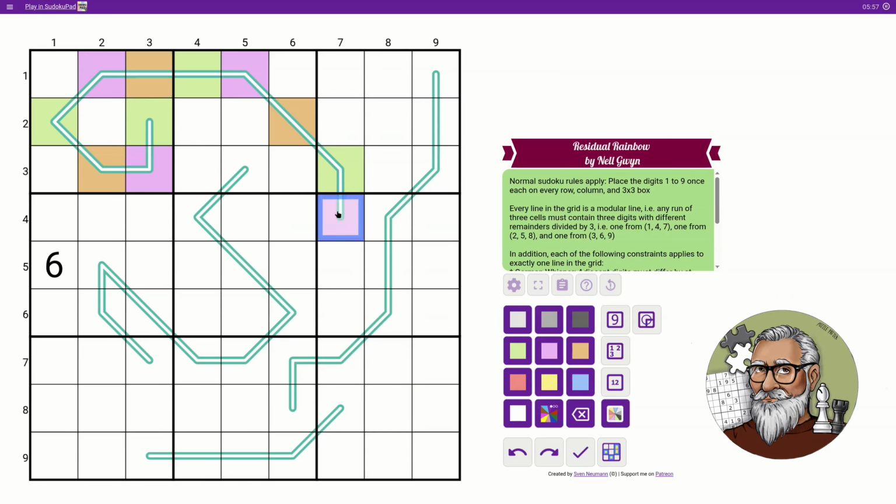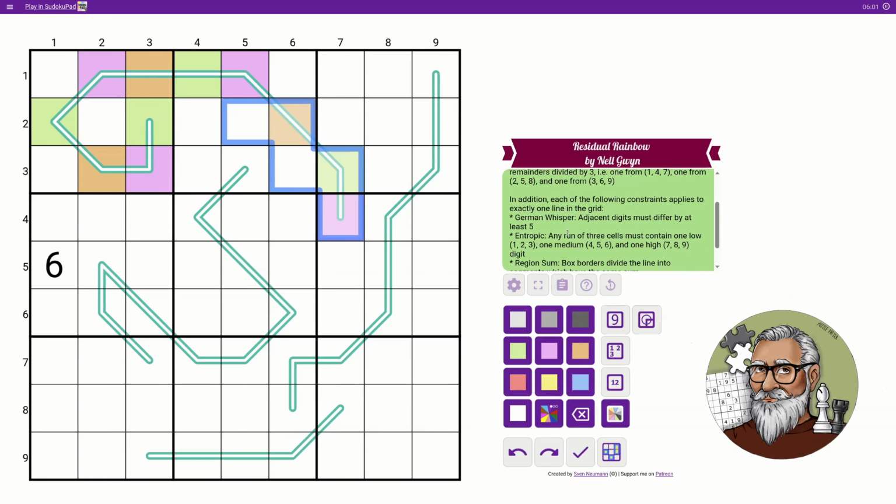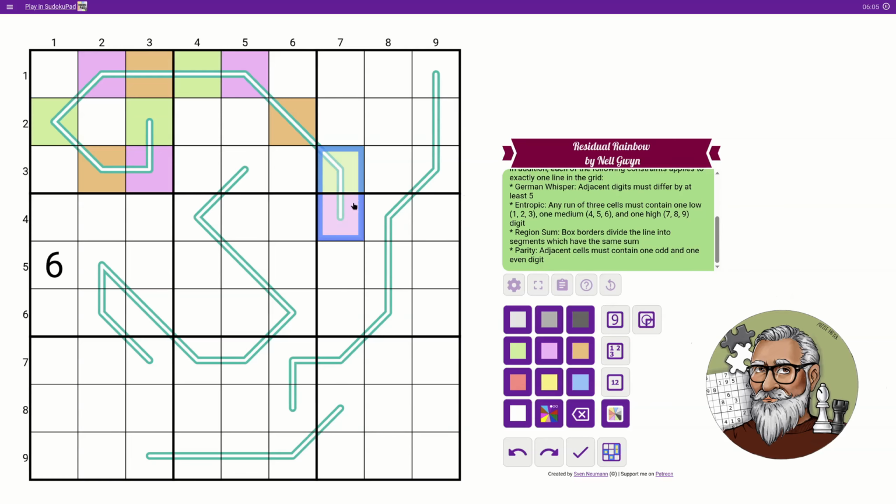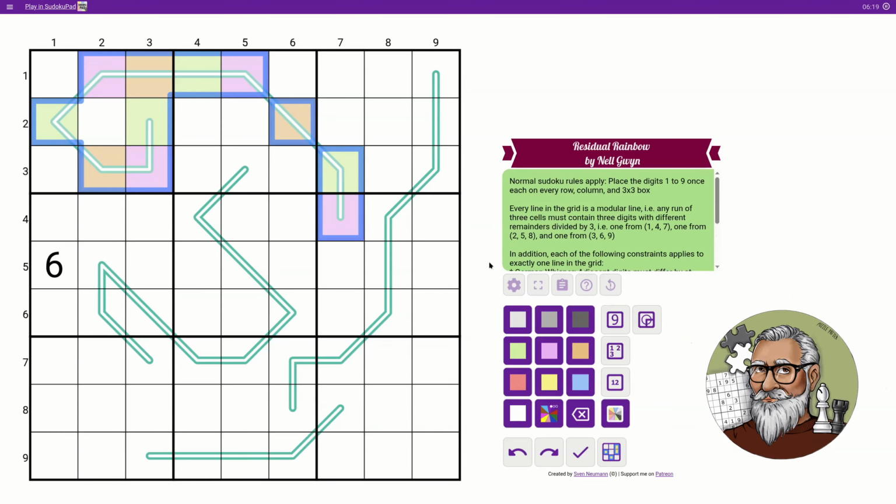Right, so this one could be, at least as far as I can see, a German whispers line, and it could be a parity line. I didn't really look very closely at German whispers, but is there an issue with that?